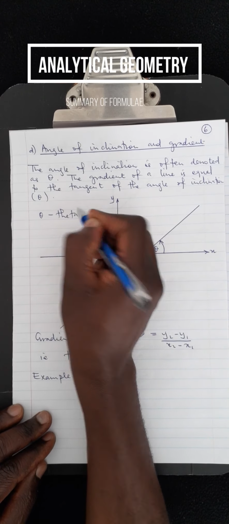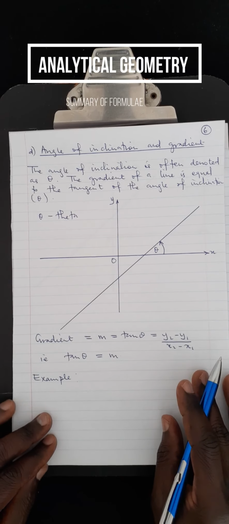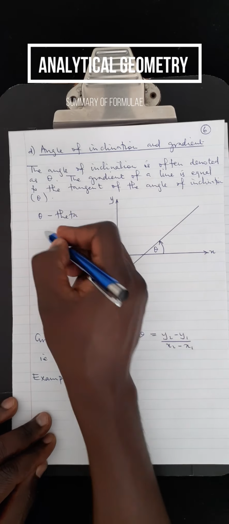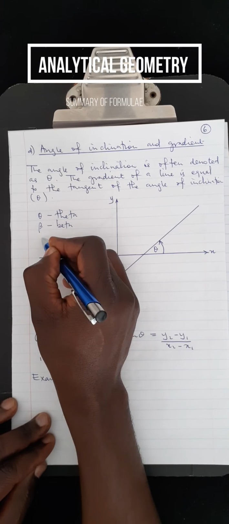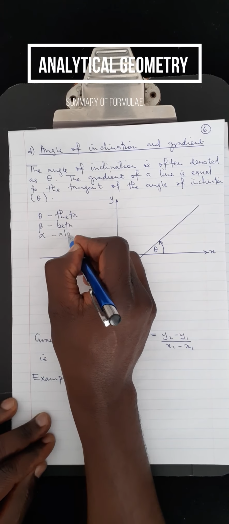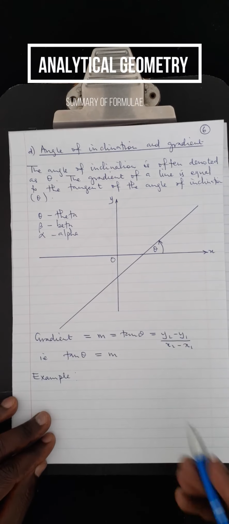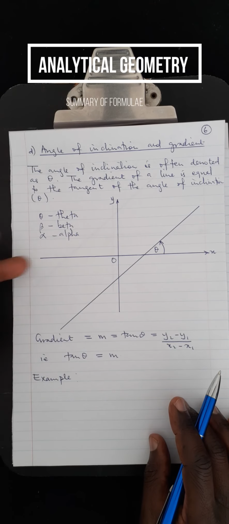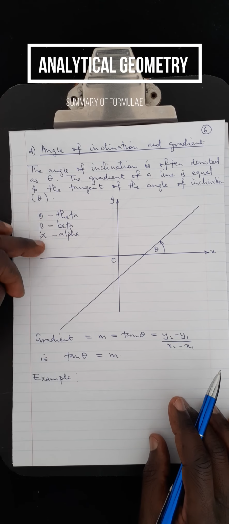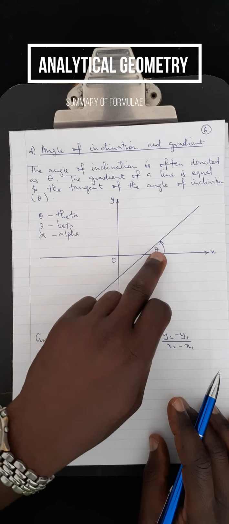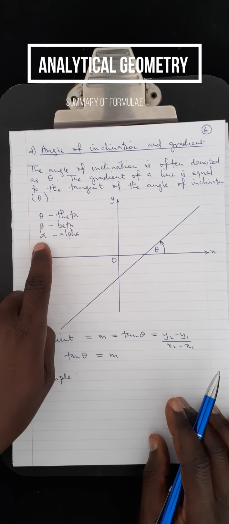We've got many Greek letters that we use for unknown angles: theta, beta, alpha, phi, delta, and so on. These are some of the most common Greek letters that we use for unknown angles. So this is theta, spelled that way, beta, and alpha.